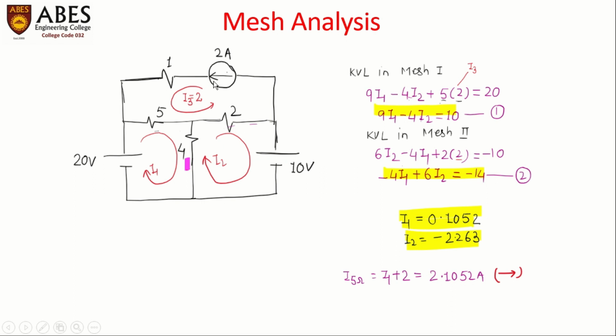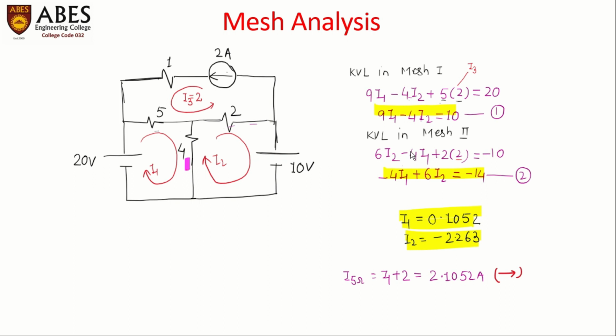In mesh 3, the value of current is 2 ampere, flowing from right to left. Now we will not apply KVL in this mesh because we already know the value of current in it. Now we will apply KVL in mesh 1 and mesh 2.